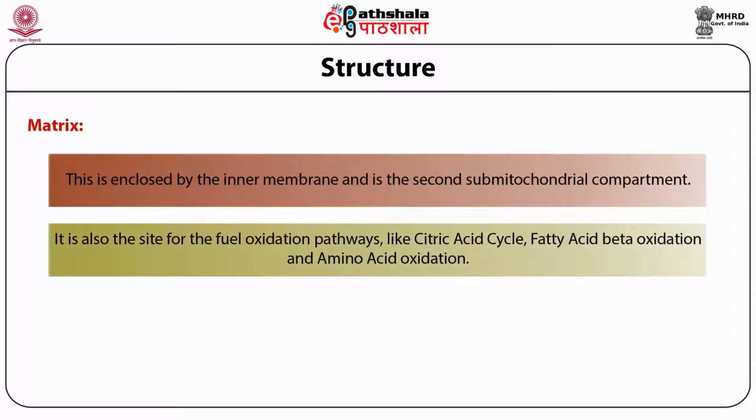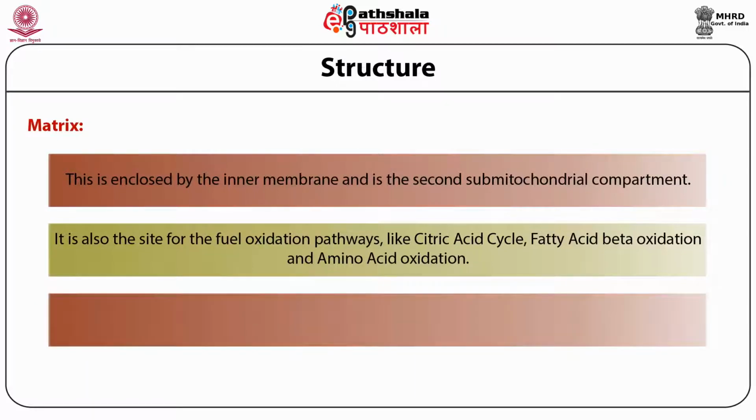It is also the site for the fuel oxidation pathways like citric acid cycle, fatty acid beta oxidation, and amino acid oxidation. It also houses the pyruvate dehydrogenase complex for the conversion of pyruvate to acetyl-CoA.